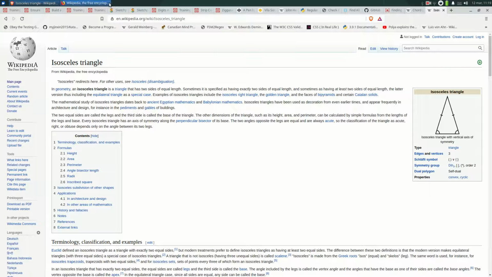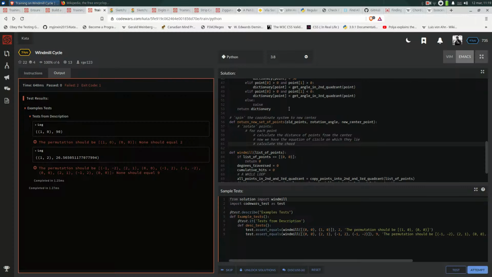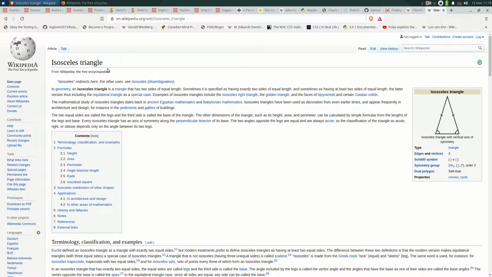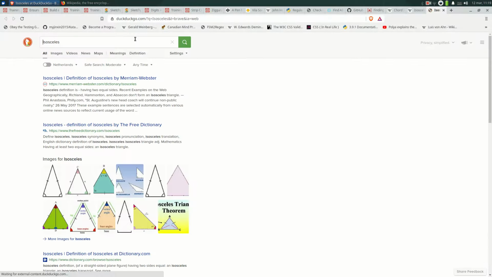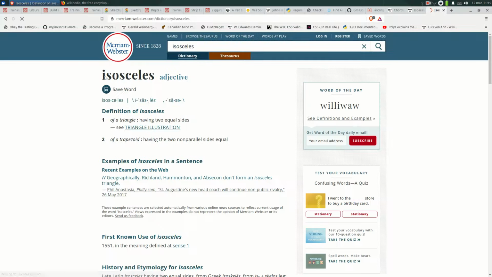So we say calculate the chord which is the bottom line of the isosceles. I want to hear the pronunciation.